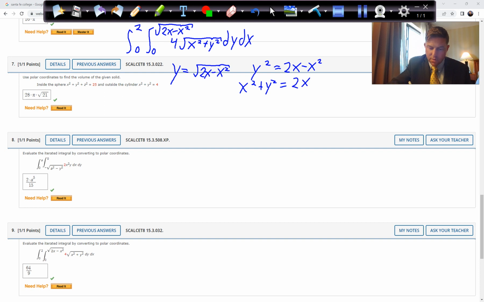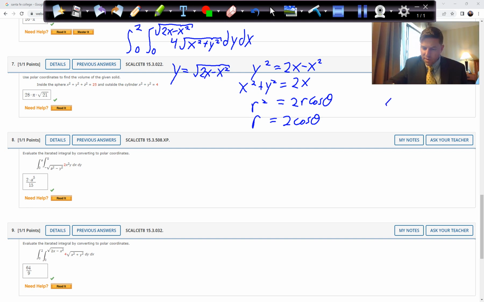And we're going to replace this with r squared. And we're going to replace x with r cosine theta. So recall, x is r cosine theta, y is r sine theta, so I can make those substitutions. And then we can divide both sides by r and get r is 2 cosine theta. So if I change this y to an r term, it's going to go from 0 to 2 cosine theta.